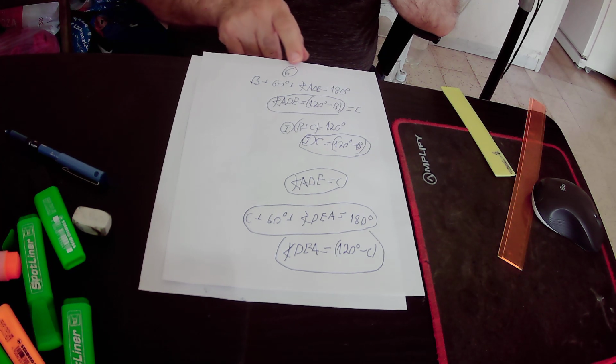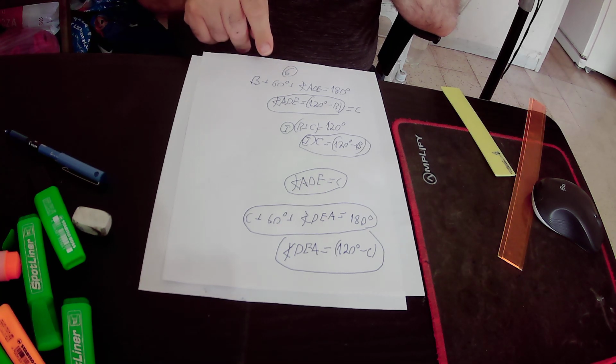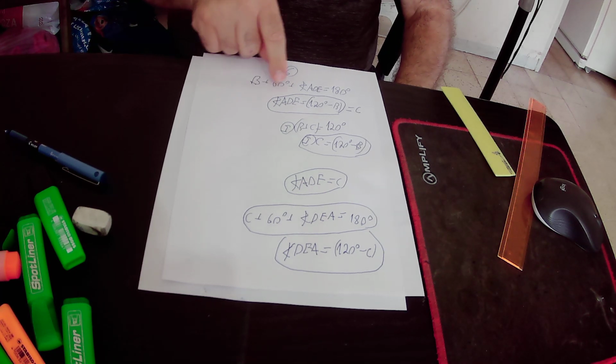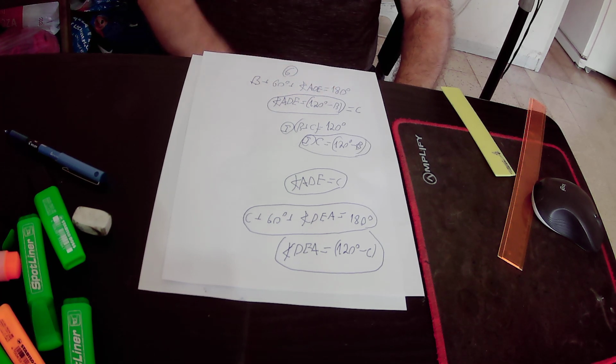We subtracted 60 degrees from this equality and then we subtracted also B. We got that angle ADE equals 120 degrees minus B.